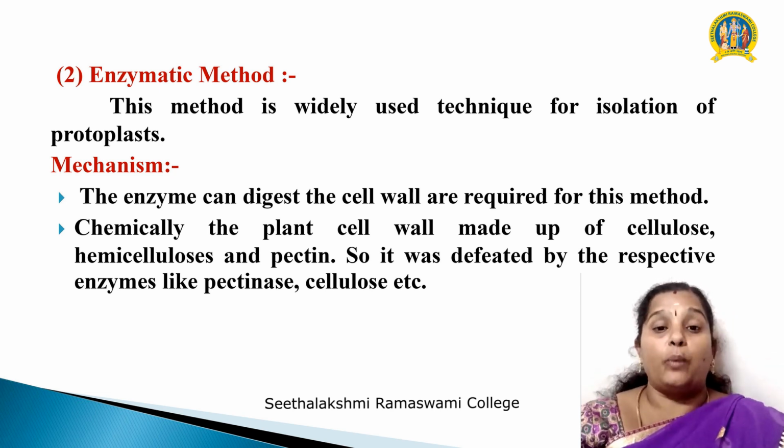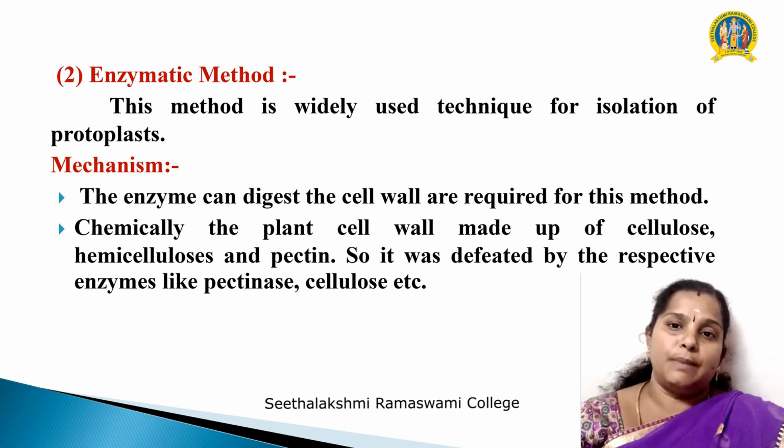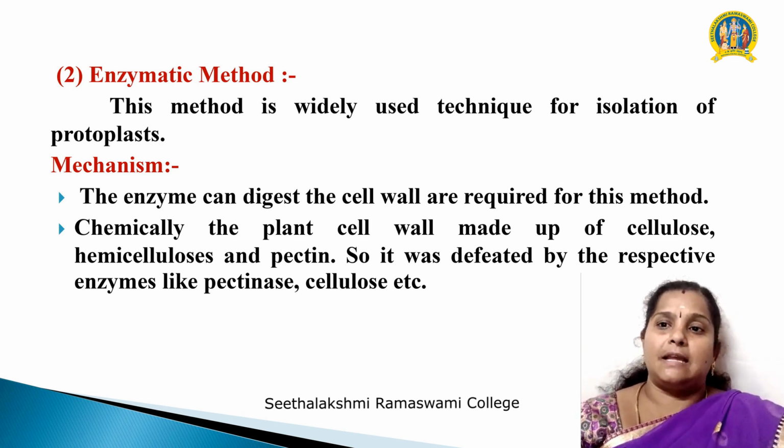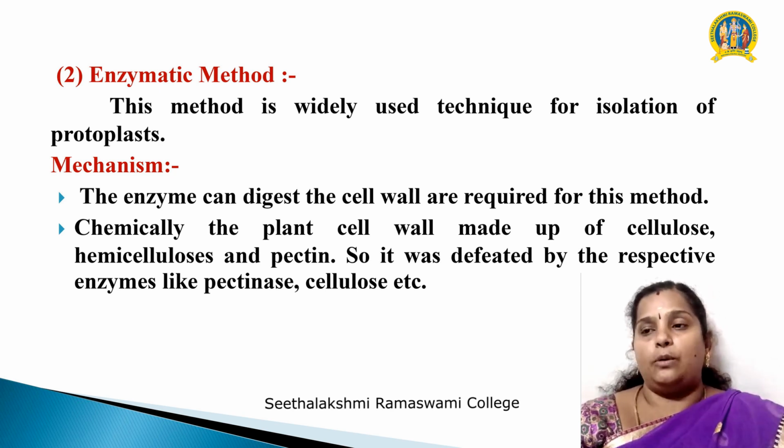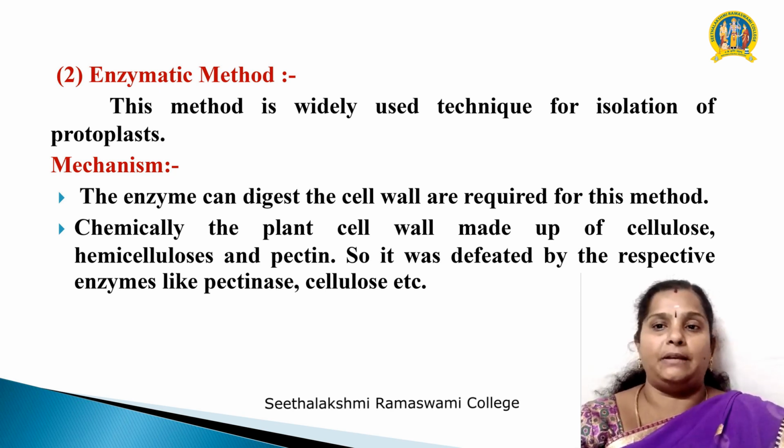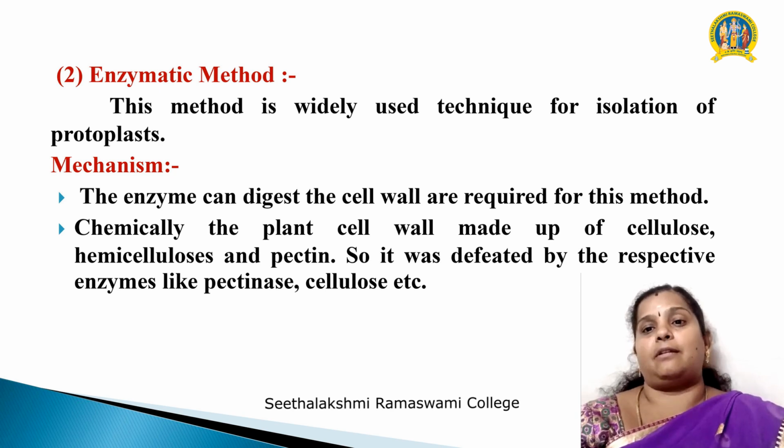Chemically, the plant cell wall is made up of cellulose, hemicellulose and pectin, so it is digested by the respective enzymes like pectinase, etc.